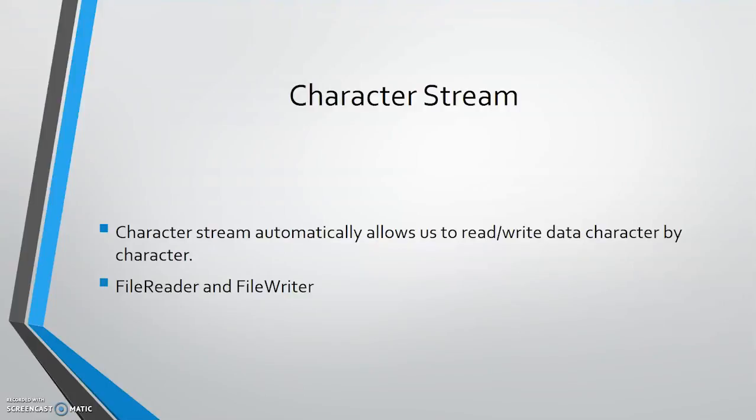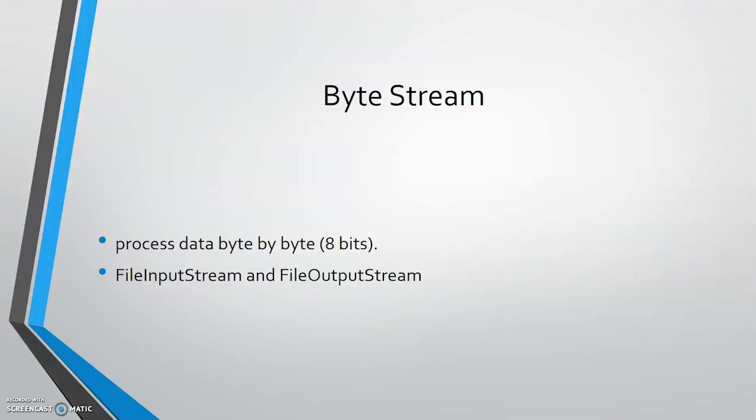File reader or file writer is an example of that. The next thing is our byte stream, which is processed in 8 bits. This is going to be more of our file input stream, file output stream. This is more for data and things like network connections, different things like that the user doesn't need to see. And so that's the character and byte stream.